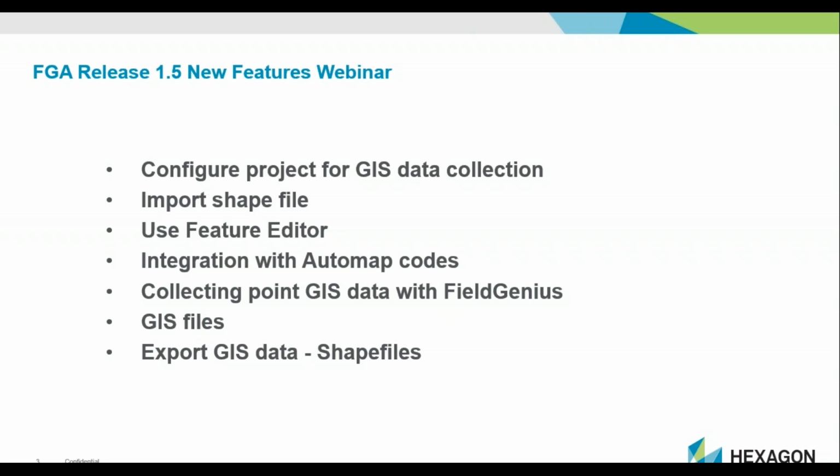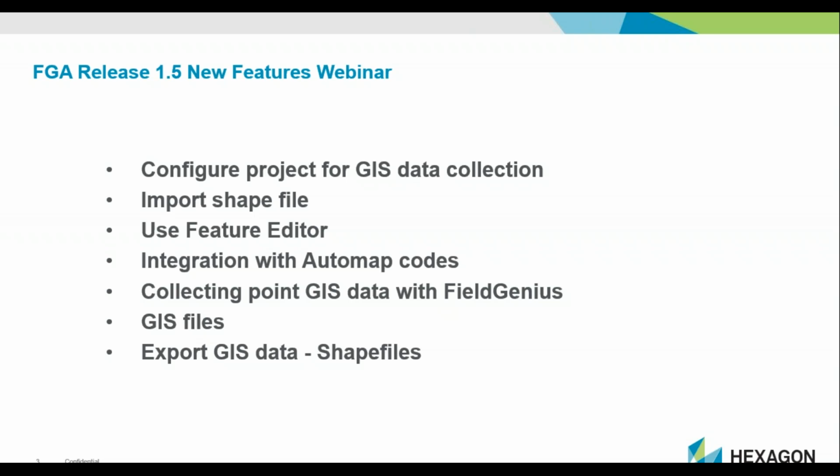It is linked with the Automap file, so you can collect a code for a point and then features and attributes. However, if you synchronize these, so the Automap code is the same as the feature code, then it streamlines it a little bit.